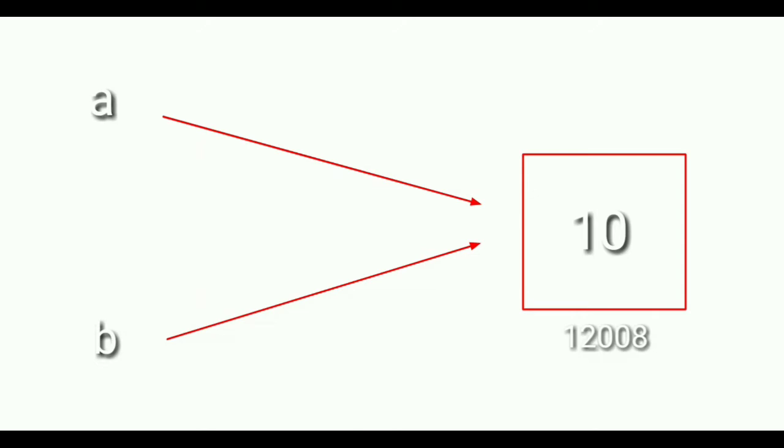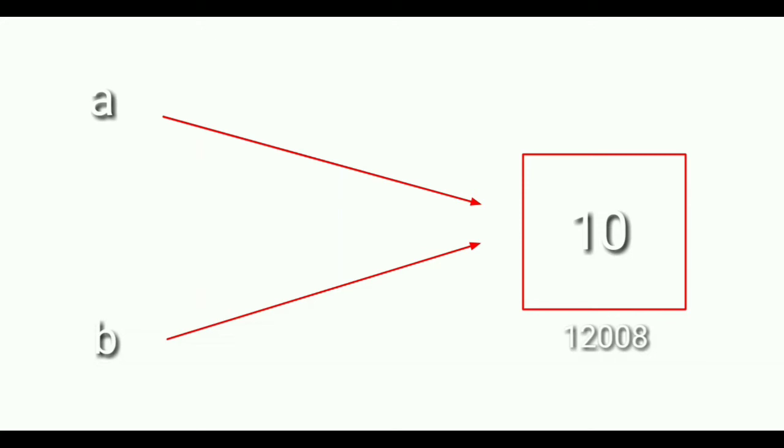So, for example, if we have lakhs of variables and only one value as 10, all those variables will point to this particular address only. So we will save lots of space.